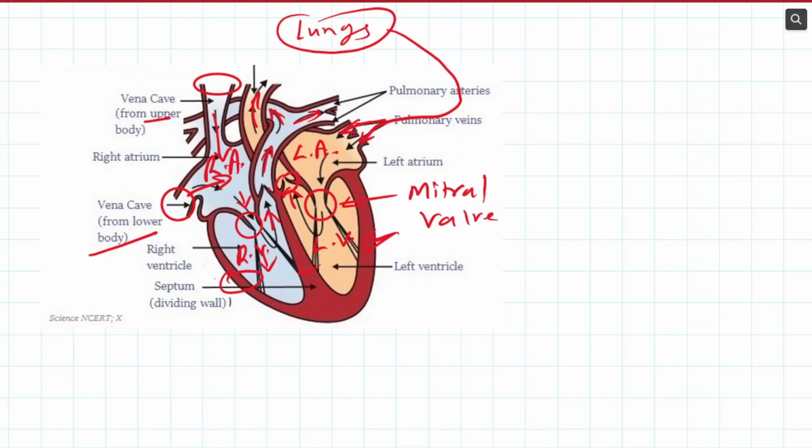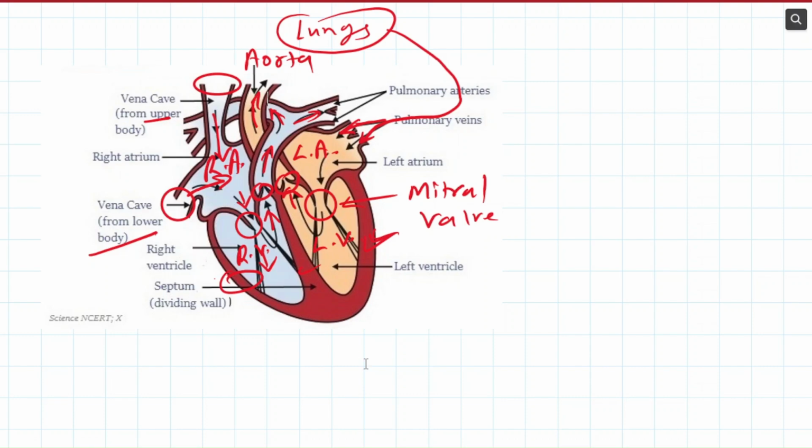Remember, this pulmonary artery and this aorta carry a semilunar valve. Now, this oxygenated blood will go to different parts of the body with the help of this aorta. The aorta is the biggest artery, which carries oxygenated blood to different parts of the body.